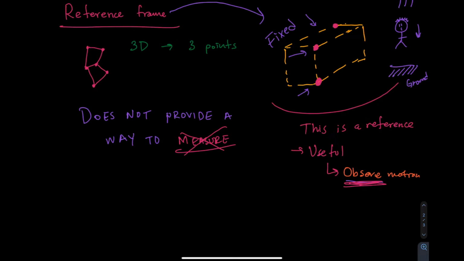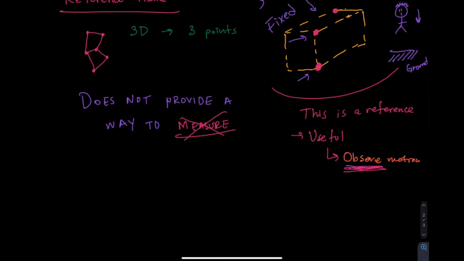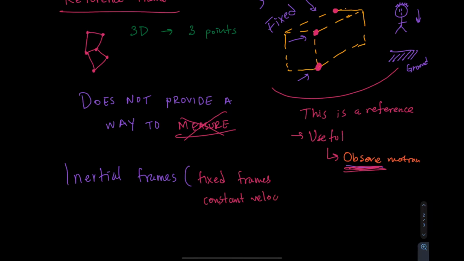The answer is that this kind of frames, which we call inertial frames, meaning fixed frames or moving with a constant velocity, are important because it is an axiom of Newtonian mechanics that such frames exist, because the laws of Newton are valid only in inertial reference frames.